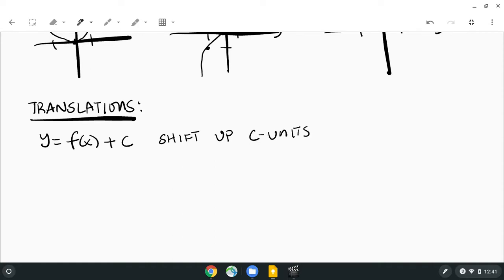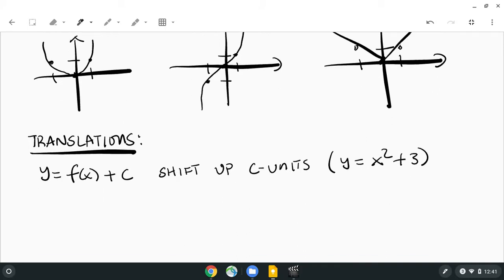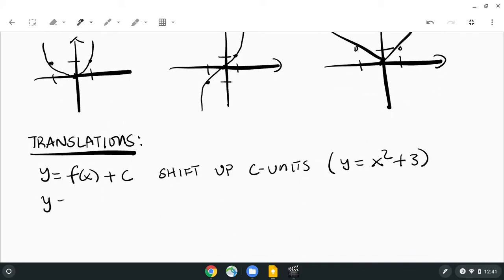So for example, if you have y equals, and we'll just use x squared, if you have that parent function and you add 3 to it, you would be shifting that first graph up 3 units. If you have one of those functions, either x squared, x cubed, or absolute value of x, and you subtract a number, then you will be shifting this down.